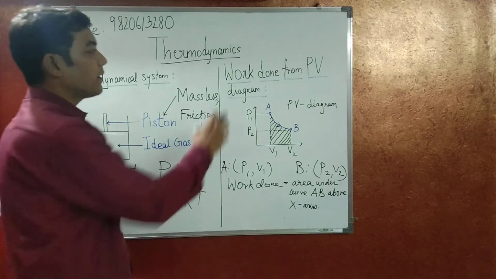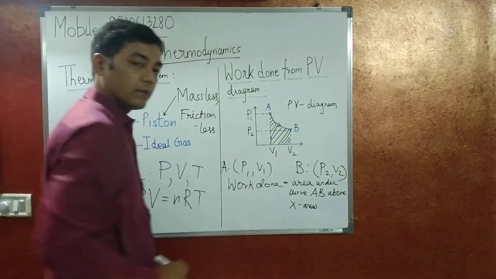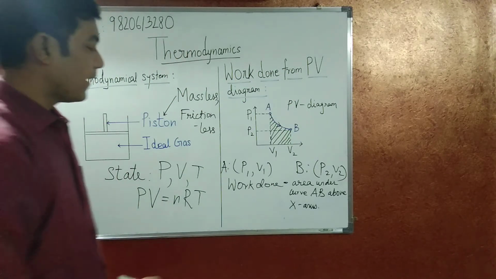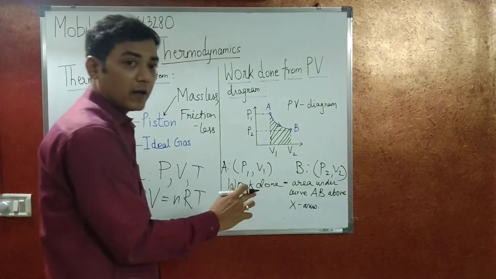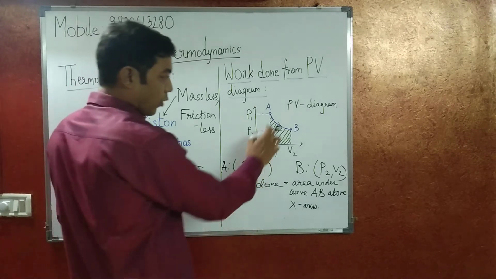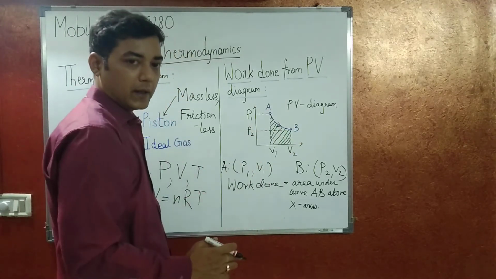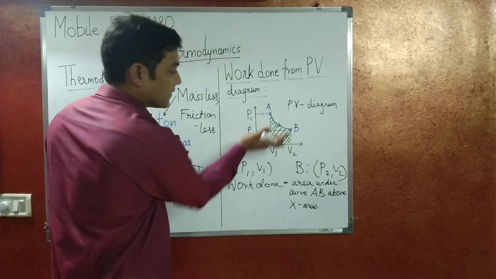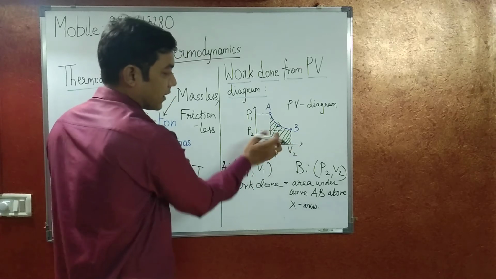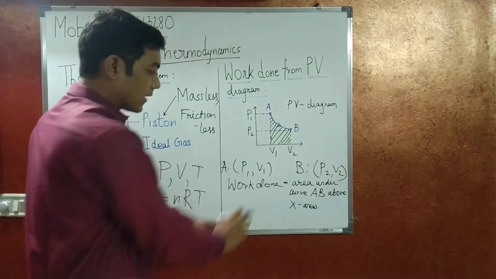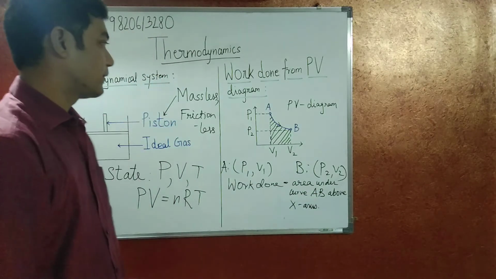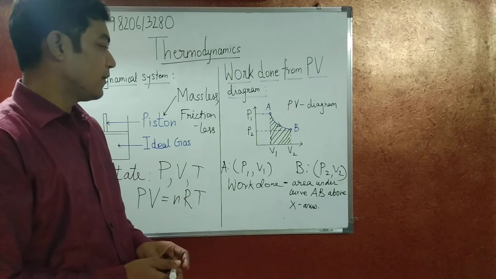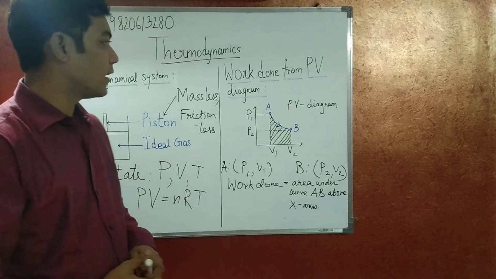If I have to find the work done from this PV diagram, I will have to find this area, this shaded part, which is enclosed by this curve AB above the x-axis. This is your x-axis, so above that, you have to find this area. Work done is the area under curve AB above the x-axis. So this is how we find the work done.